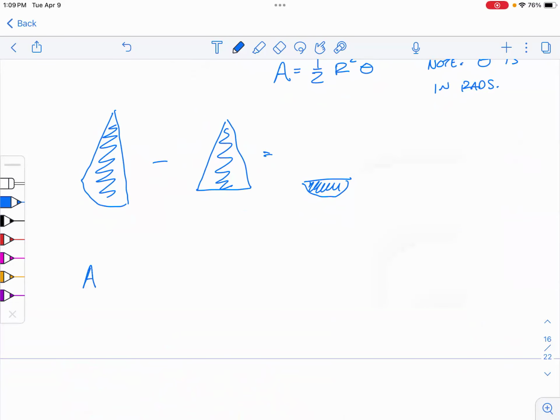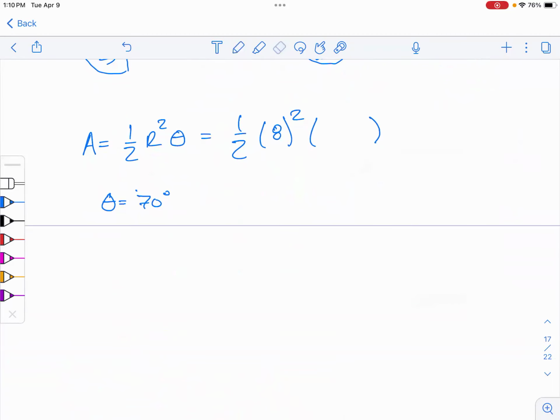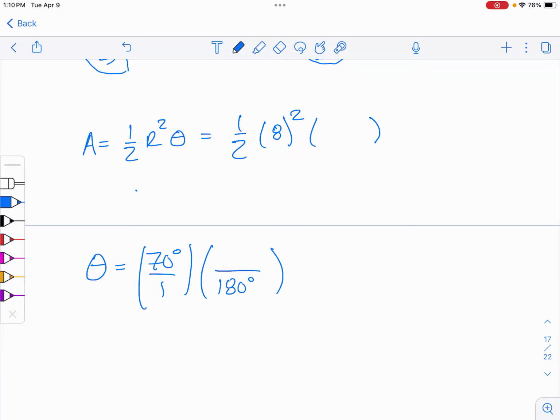Okay, so let's start with the area of the sector circle, 1/2 r squared theta. And we have almost everything there, 1/2 8 squared, and theta, which is 70 degrees, I need to convert to radians, and 180 degrees equals pi rads.